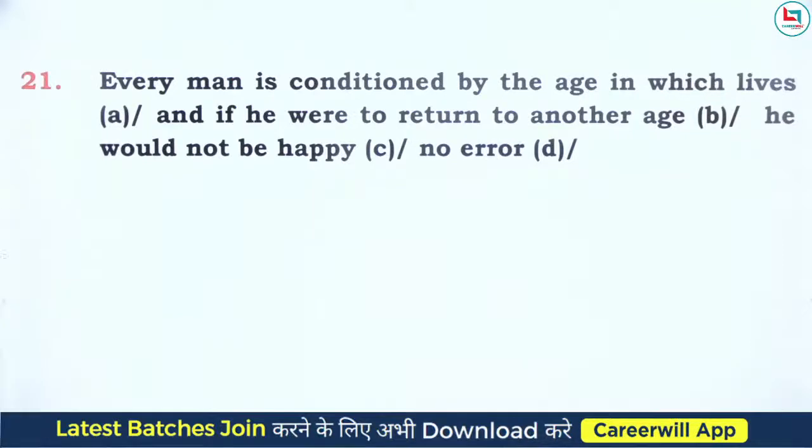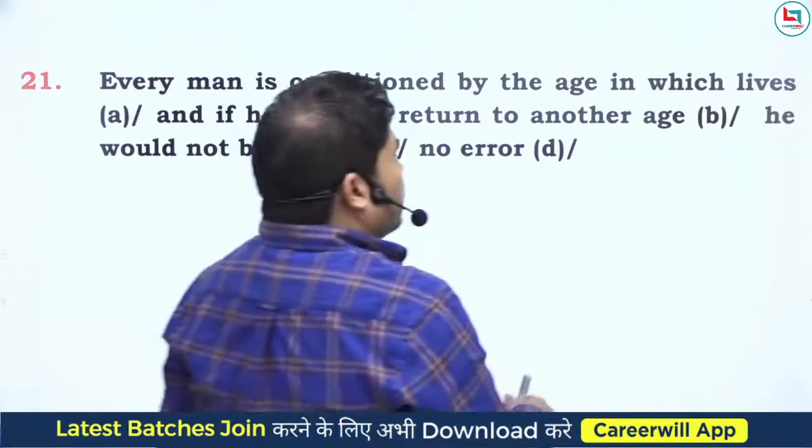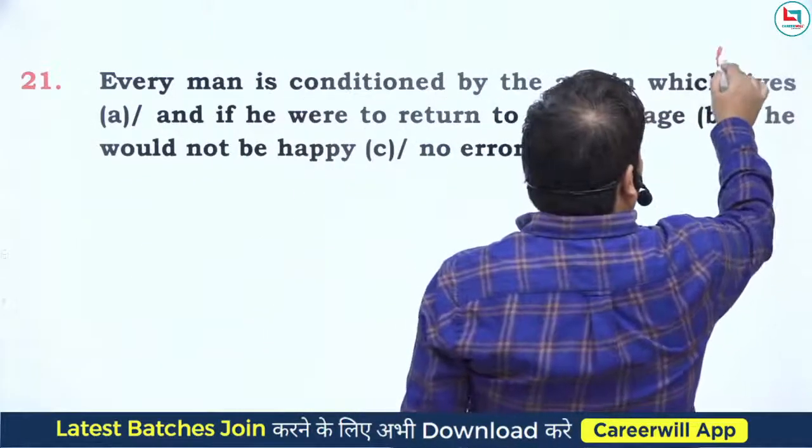Every man is conditioned by the age in which he lives, and if he were to return to another age, he would not be happy. Is there any error? Again, whatever is written before "and" has nothing to do with the conditional thing, right?